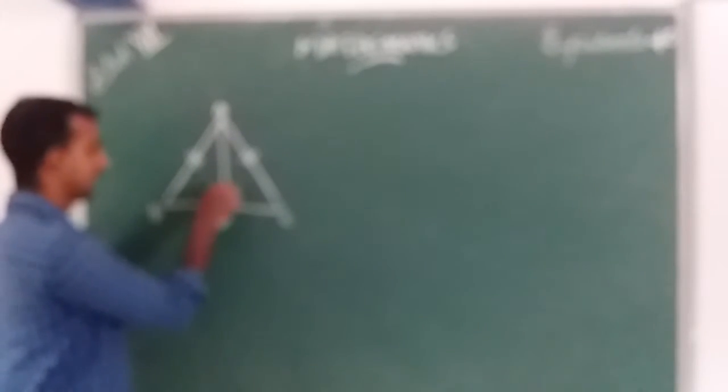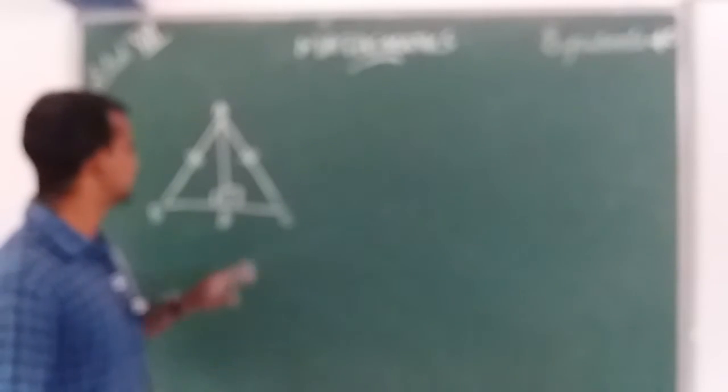AD is one of its altitudes. What do you mean by altitude? We already studied the median and altitude. This means here is 90 degree, that is, angle ADB and angle ADC are 90 degree.